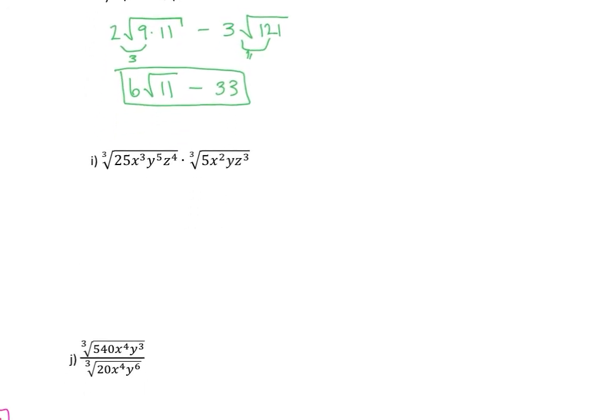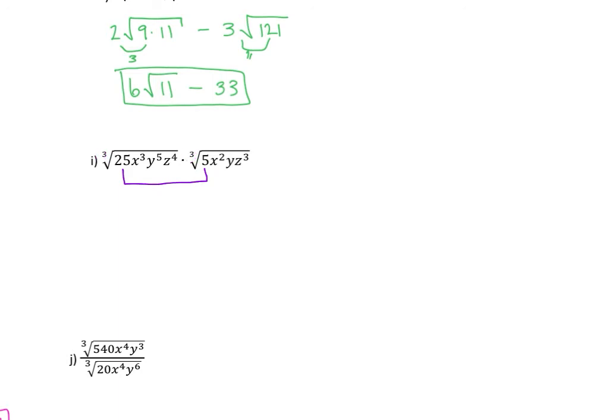Okay, this one's tricky. I and J, but follow along very closely because they are very important. So I have here, I'm going to multiply through using the product rule because I have the same index number. Okay, the 3's.